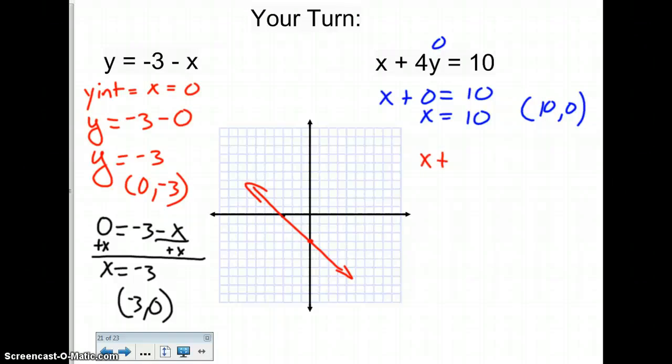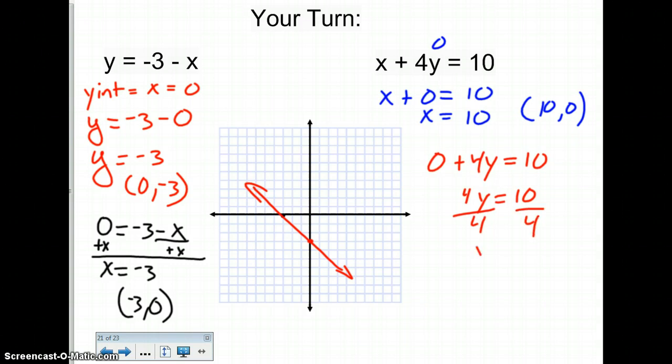So 0 plus 4y equals 10. 4y equals 10. Divide by 4, divide by 4. y equals 2 2/4 or 2.5. So we have the ordered pair 0, 2.5.